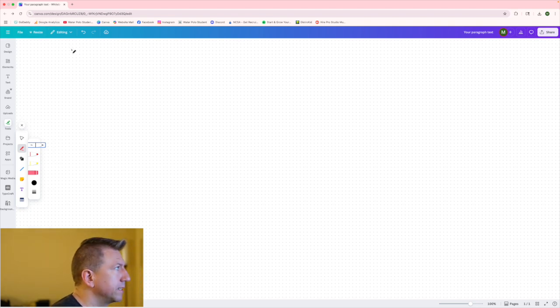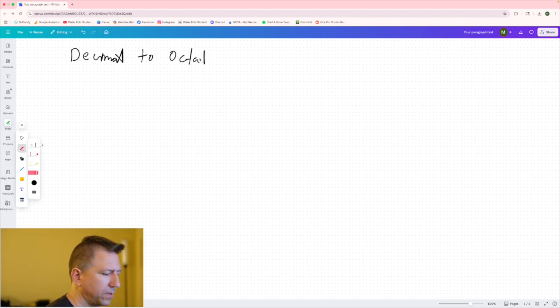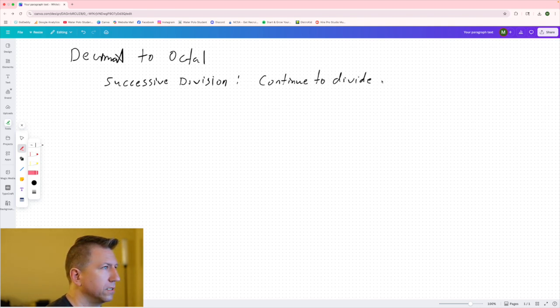So we're converting from a decimal to an octal number. And we're going to use the process called successive division. In that process, we will continue to divide until our quotient is 0.